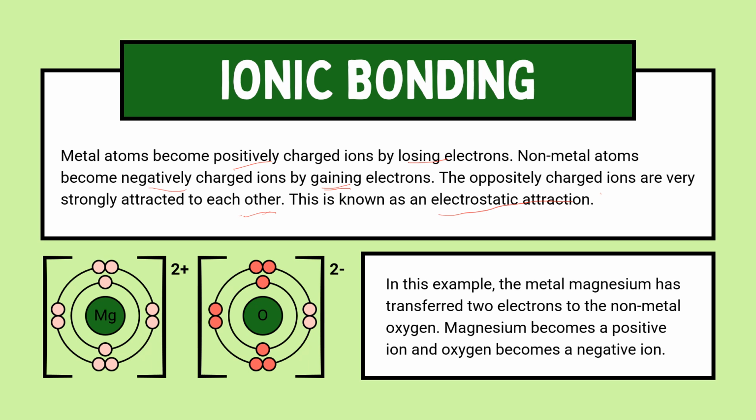Magnesium becomes a positive ion and oxygen becomes a negative ion. See, Mg2+. By giving up 2 electrons, it is losing, so it becomes positive, and oxygen is gaining, so it becomes negative. Magnesium is a metal and oxygen is a non-metal. When these two react, there is an electrostatic attraction and the bonding is ionic bonding.